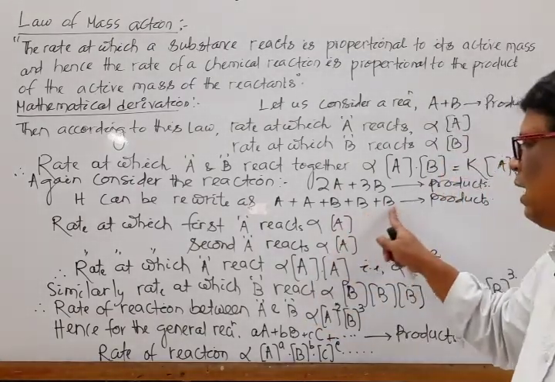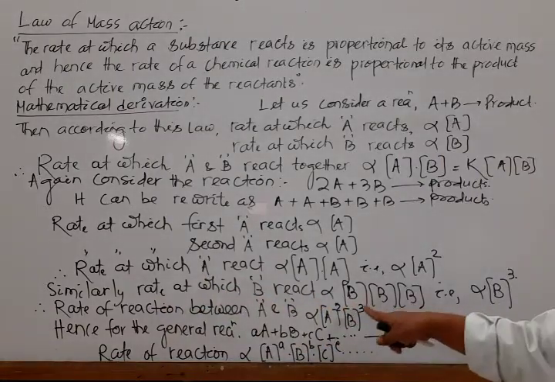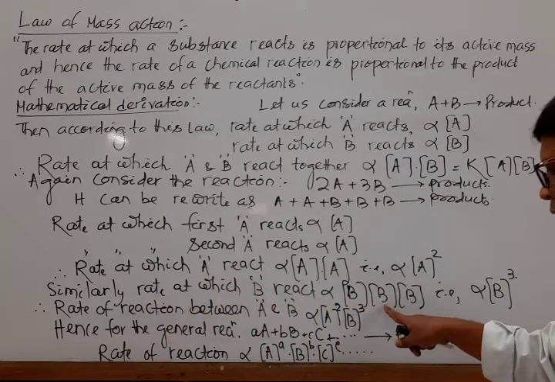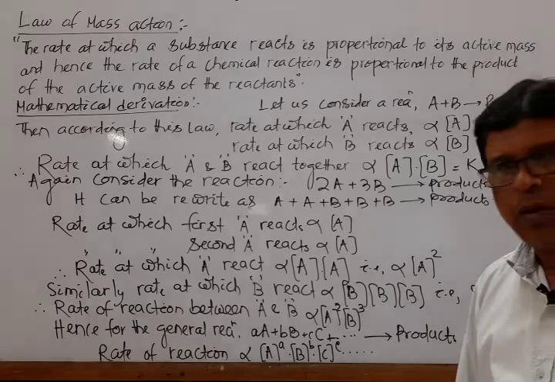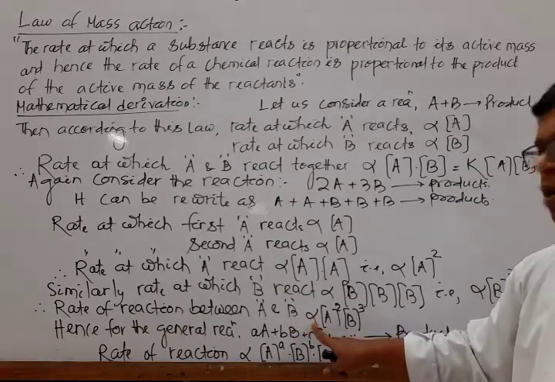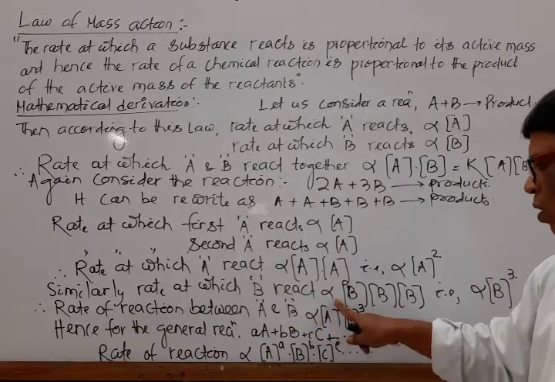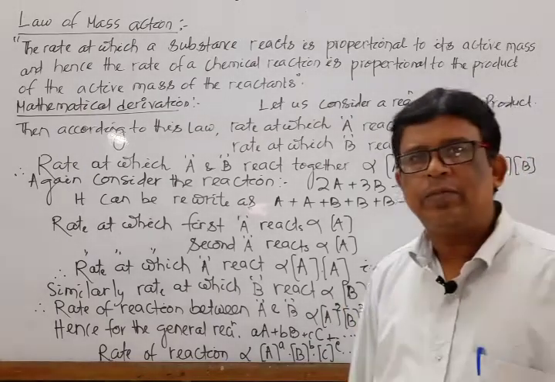Similarly, 3B is there, so the rate at which B reacts is proportional to the active mass of B to the power 3. Therefore, the rate of reaction between A and B is proportional to the molar concentration of A to the power 2 into the molar concentration of B to the power 3.